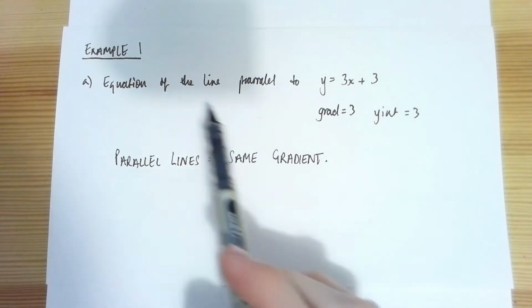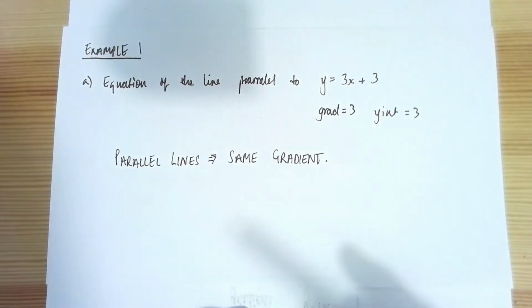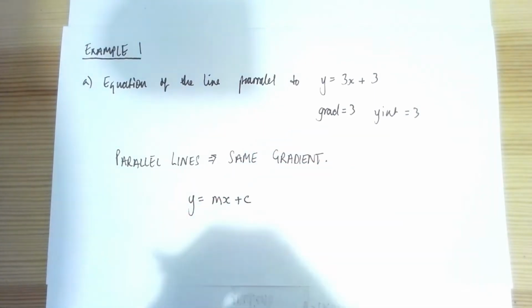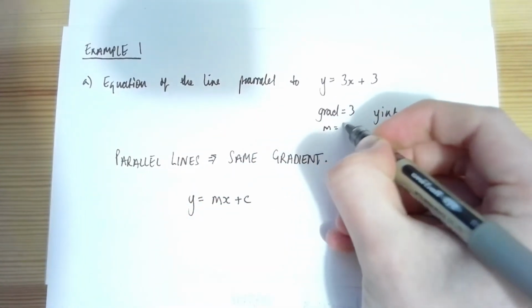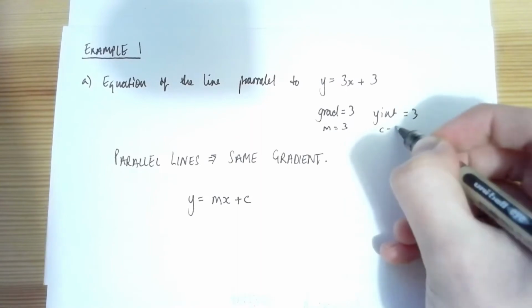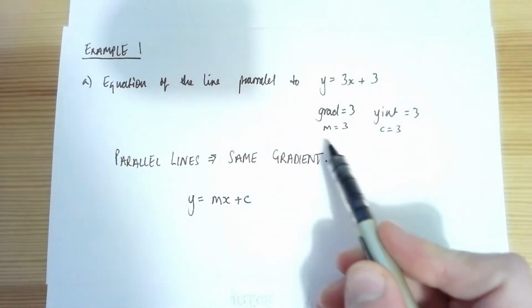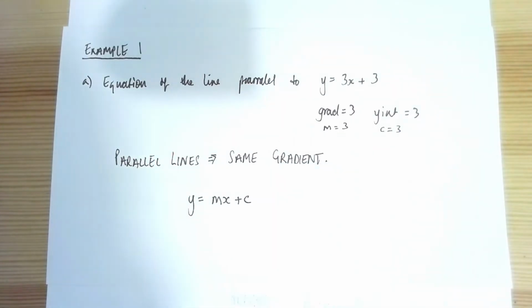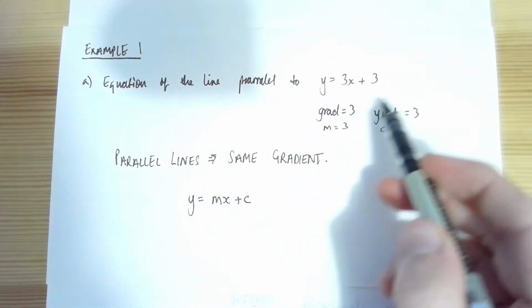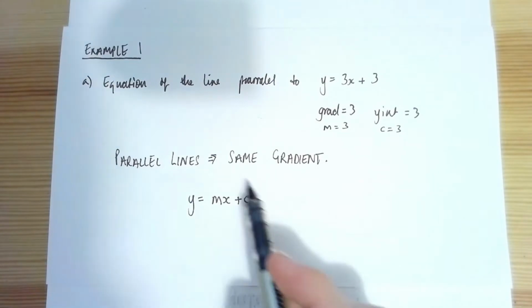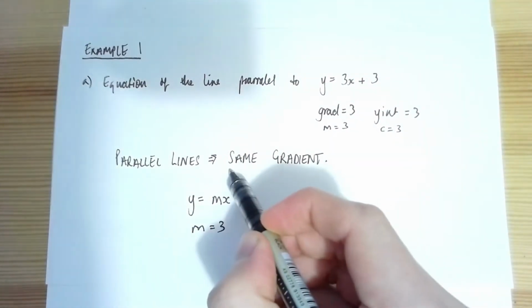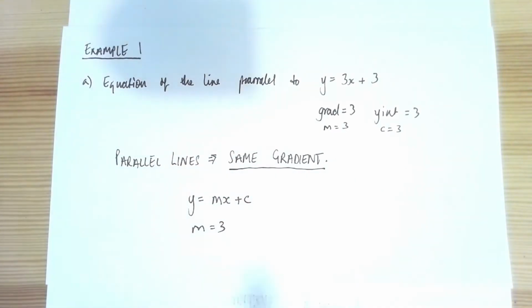So what that means is an equation of the line parallel to this line, we're going to have it in the form y equals mx plus c, where m is our gradient, and we can also write c as 3 there. So m is our gradient, and our parallel line must have the same gradient. So if this equation here has a gradient of 3, this parallel line must also have a gradient of 3, as their gradients have got to be the same if they are parallel.